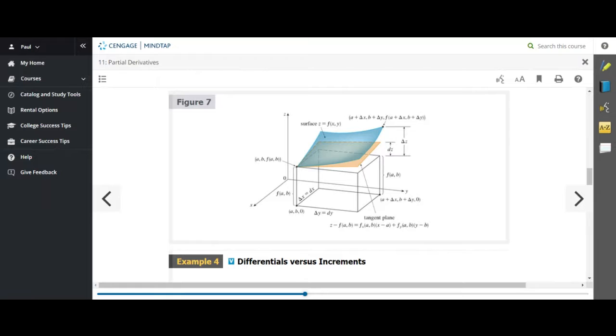So here you have your differentials, delta x, delta y, delta z. Differentials normally should be talked about in Calculus 1, but basically what we're interested in is something called a total differential. And there's a formula for that.